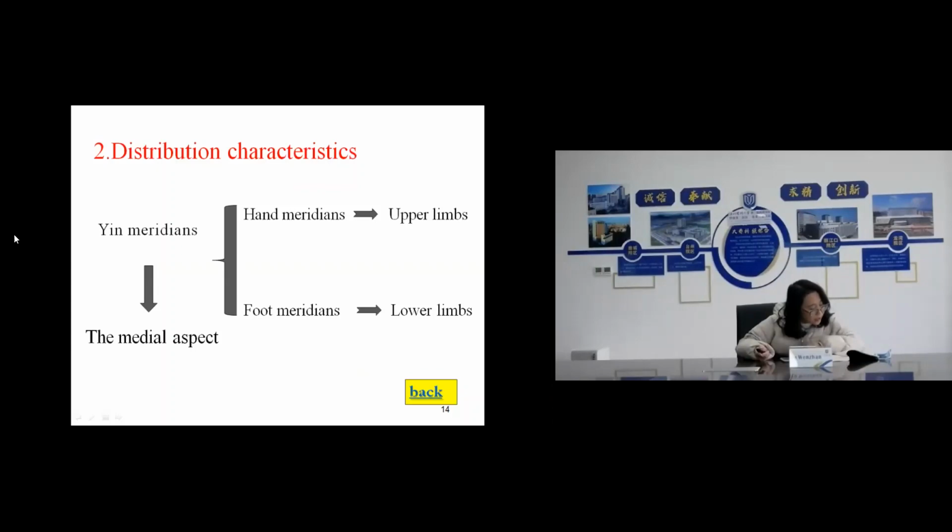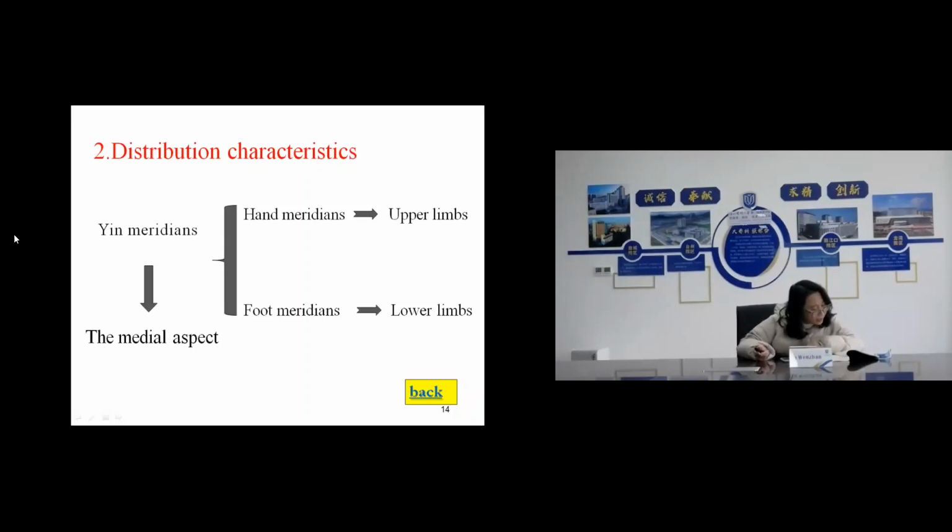The 3 yin meridians of the hand are distributed on the medial aspect of the arms, while the 3 yin meridians of the foot are on the medial aspect of the legs.